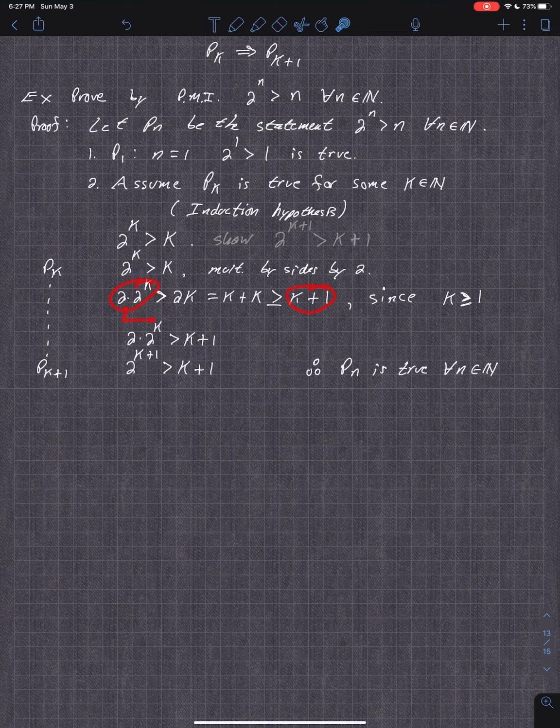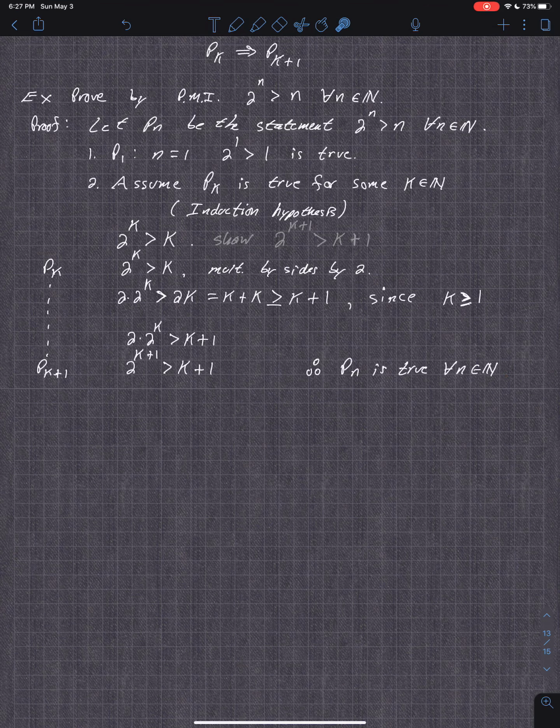And then we've already established the next step, and you're done. We've made the connection from P sub k, which is this, all the way down to P sub k plus 1, which is this. Therefore, you make your conclusion, P sub n is true for all n.